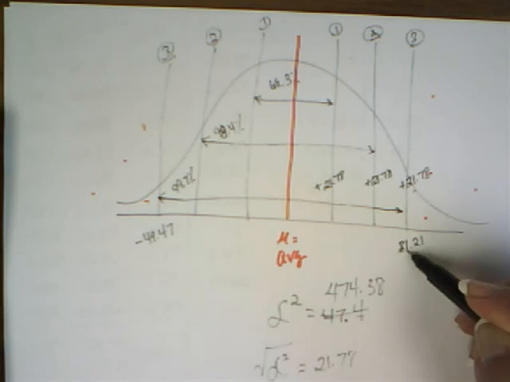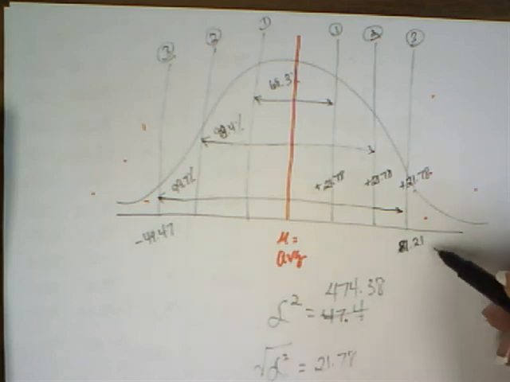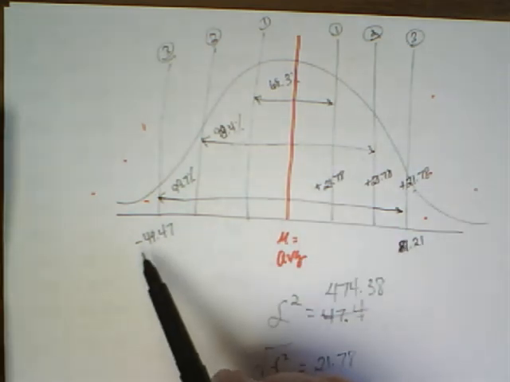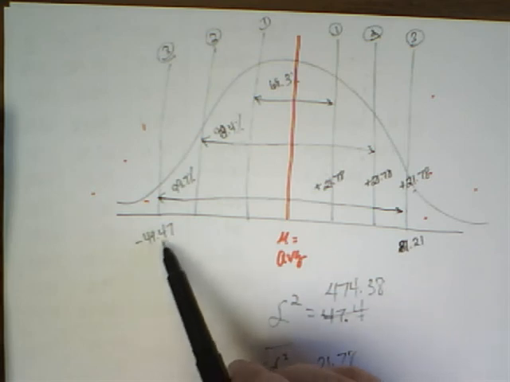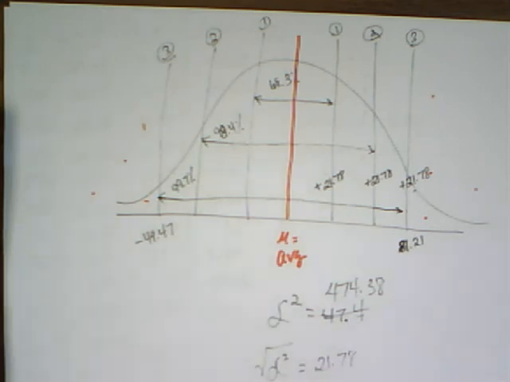So our highest range will be 81.21, and our lowest number in our range is negative 49.47. And this is how that table on page 218 falls within the normal distribution curve. So if you have any questions, let me know.